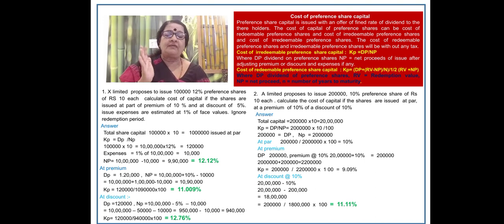So the cost of irredeemable preference shares can be calculated as KP equal to DP divided by NP. Now we can see what is the cost of redeemable preference share capital.